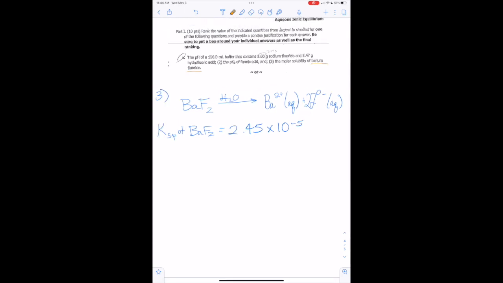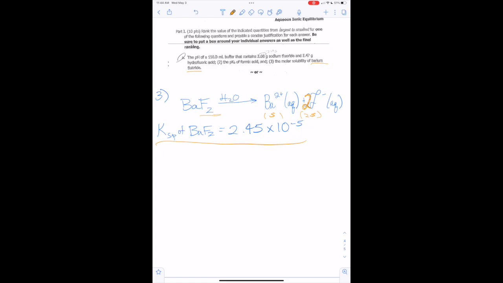All right, now the third part of this problem, we've got the molar solubility of barium fluoride. So if you put barium fluoride into water, it dissociates into barium 2 plus and fluoride 1 minus. We have to balance that equation because we've got 2 fluorides in the barium fluoride and 1 fluoride over here, so we need to add that 2 to this equation. So now I see that we have S and 2S here, and I look up the KSP of barium fluoride.